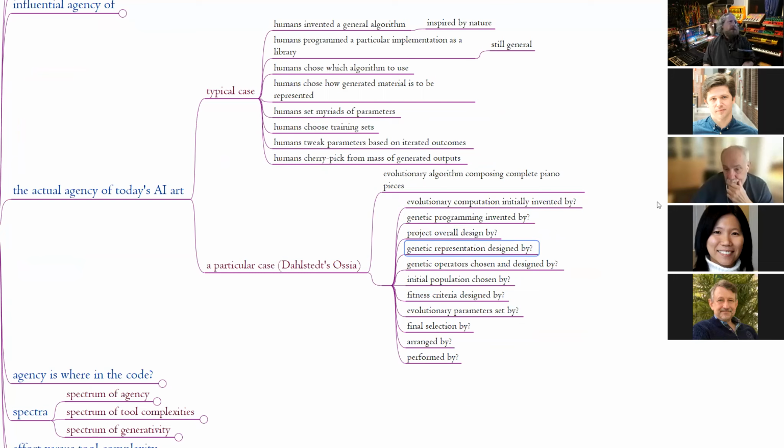The genetic representation was designed by me, but inspired by lots of literature where I could learn how to have tree structured genomes and how to do crossover and mutations in those, etc. The fitness criteria were influenced by a lot of things also, what I think is good music, and that is in turn influenced by my composition teachers and all the music I ever listened to, etc. So as you can see, when we build a system that produces piano pieces of a certain kind or pictures that look like Van Gogh, to say that the computer does it or has made this or has painted this is sort of not really true.